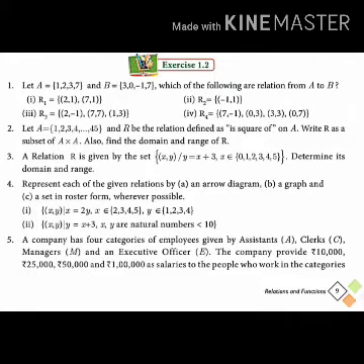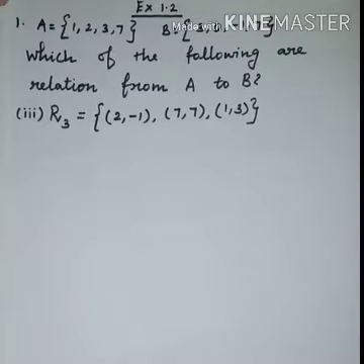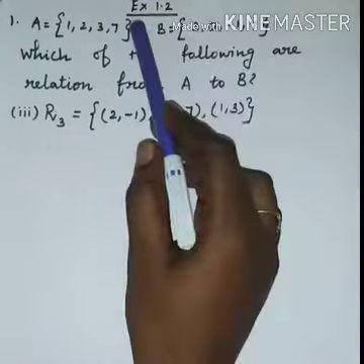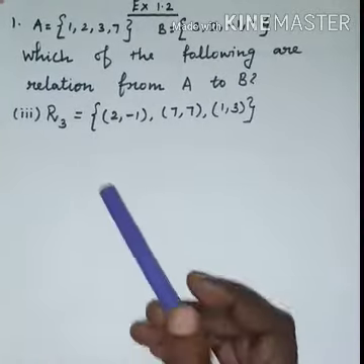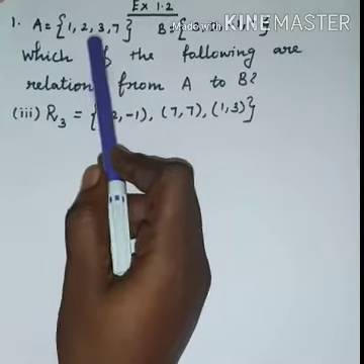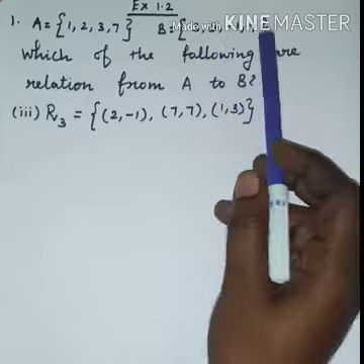Next, we are going to see exercise 1.2, first sum, third subdivision. A equal to {1, 2, 3, 7}. B is equal to {3, 0, -1, 7}.